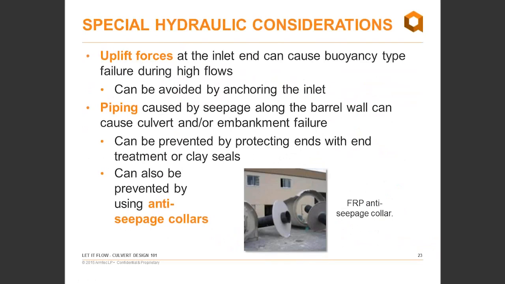If water is able to force its way into the embankment alongside the culvert, fine material and eventually all material can be washed out. And of course, that's a bad thing, can lead to failure. End wall protection and anti-seepage collars, those are the kinds of features that can help prevent piping.